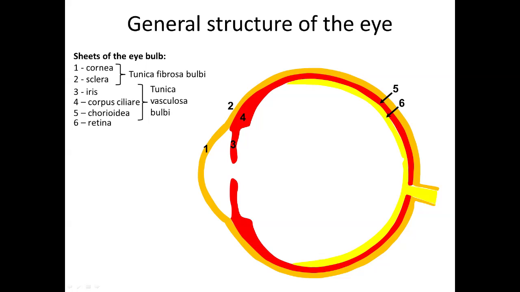And one possibility to answer this question is to observe his retina, this number 6, the most internal sheet of the eyeball.